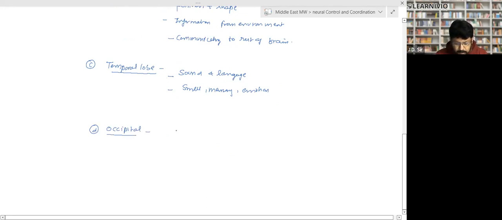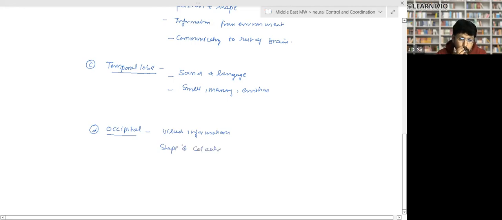Decoding and interpretation of visual information. It means the nerves which are coming from our eyes directly join the occipital lobe. Decoding and interpretation of visual information, shape and color.